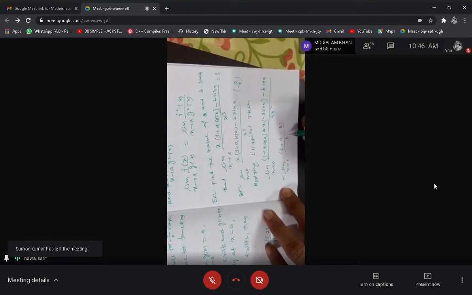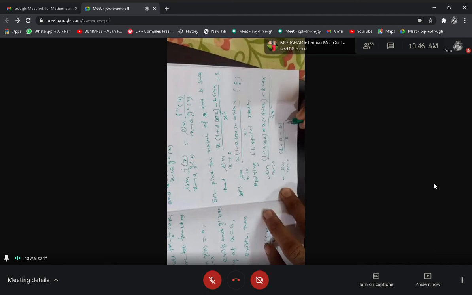Your denominator is 0 and numerator is some number. So you cannot apply L'Hospital rule here. So just think that this will be 0 by 0 case, only if numerator is also 0. That means 1 plus a minus b must be 0. Then in that case, your 0 by 0 case is obtained.